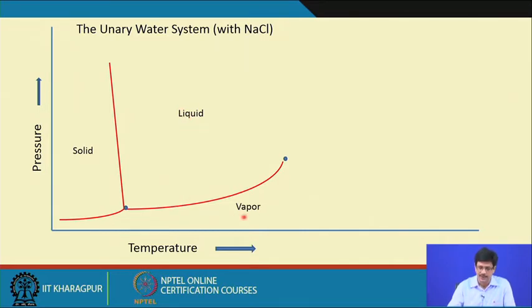This is the field of vapor. So, the only condition which will give rise to an inhomogeneous or heterogeneous condition is the locus of this curve, which we call the boiling curve, where the liquid and vapor would coexist.